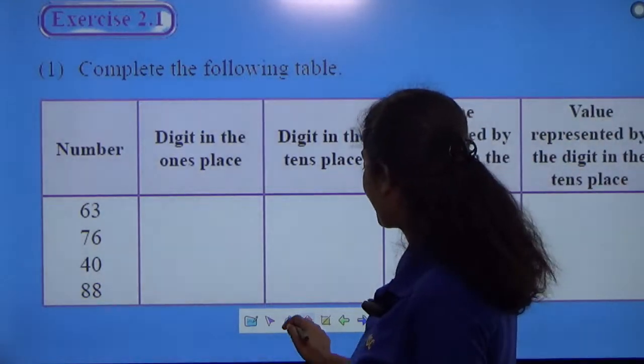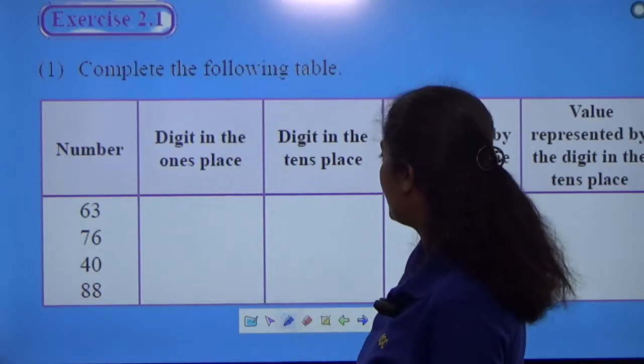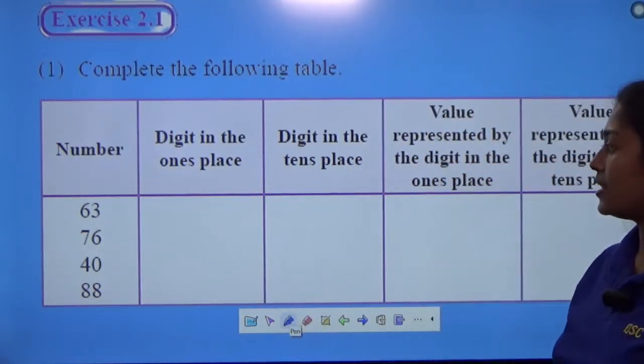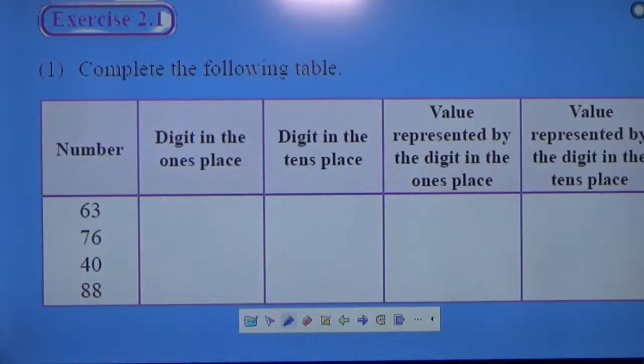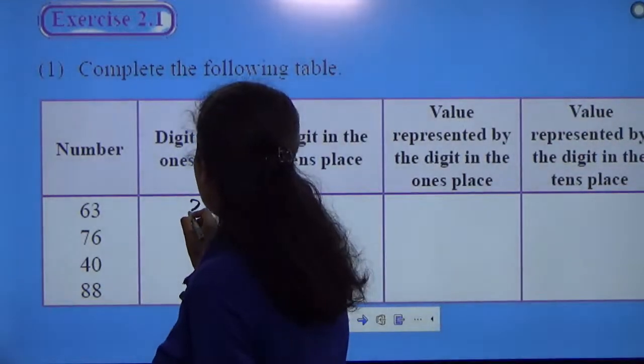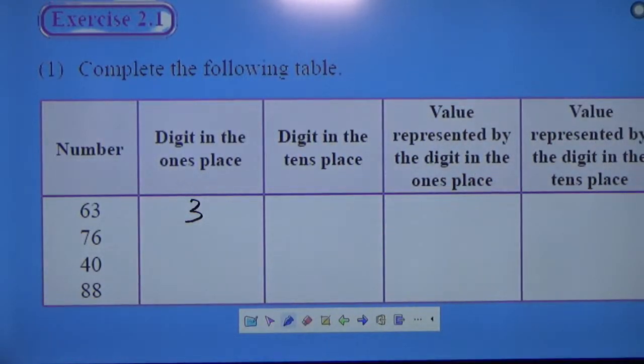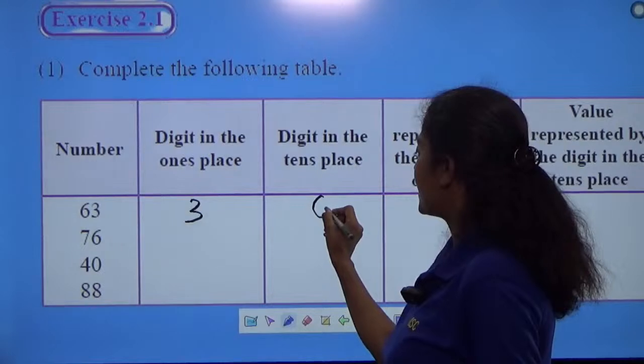63. Right? Digit in the ones place. Sorry, what is the digit? That is 3, right? Digit in the tens place is 6.